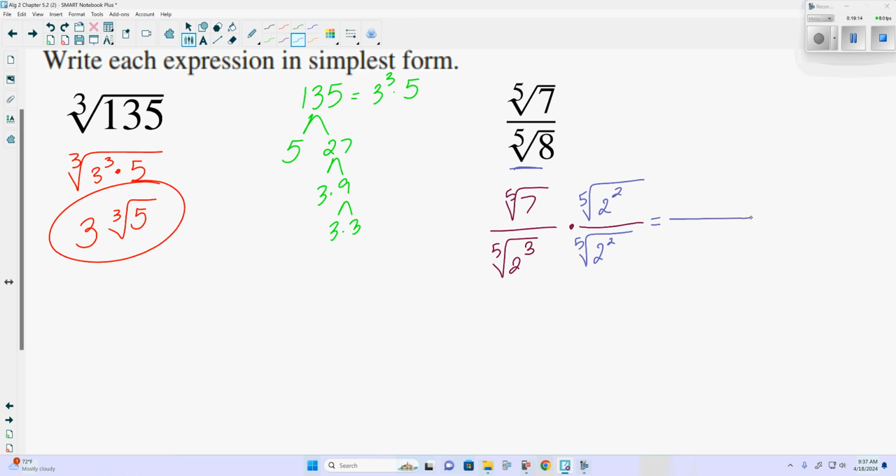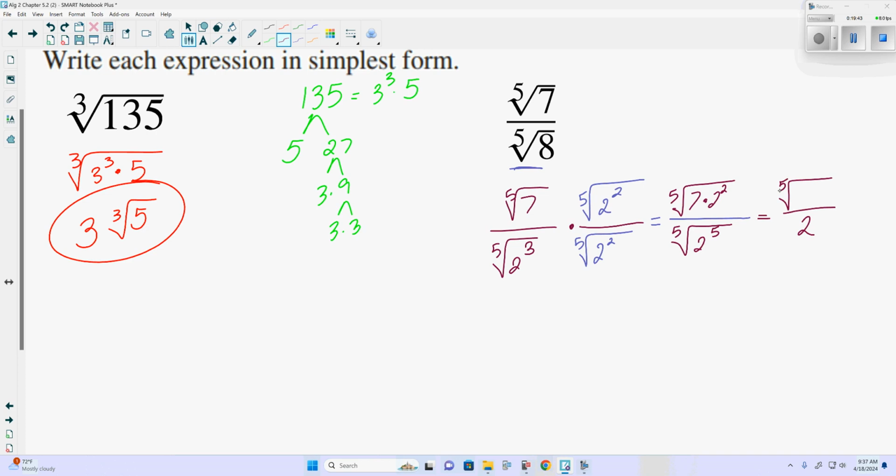Now the top and bottom, the bottom will be the fifth root of 2 to the fifth. Well, the fifth root of 2 to the fifth is 2. The top, well, we have the fifth root of 7 times 2 squared. Well, 7, I can't take the fifth root of.